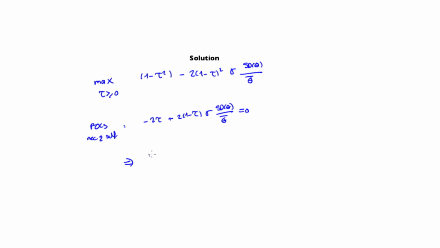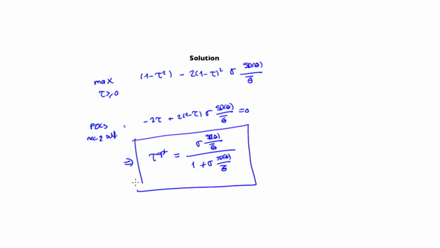We get that the optimal tax is equal to sigma SD theta divided by theta bar over 1 plus sigma SD theta divided by theta bar. Now we have a precise formula for the optimal tax.